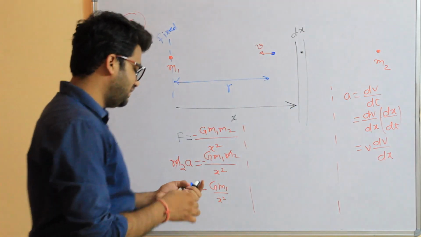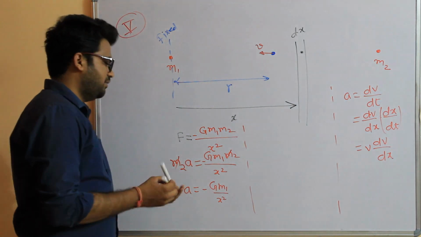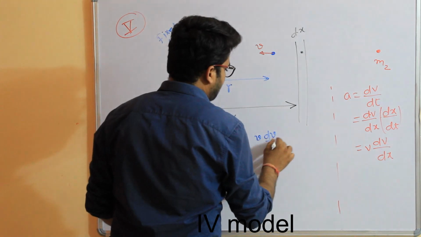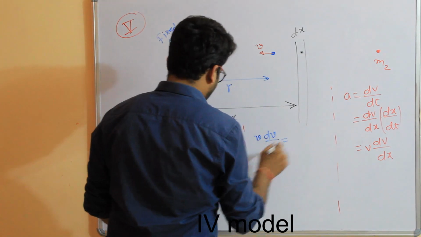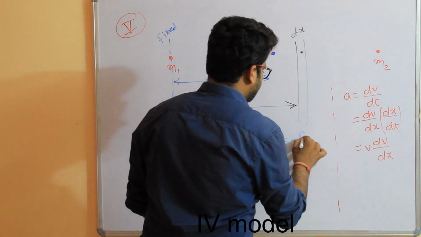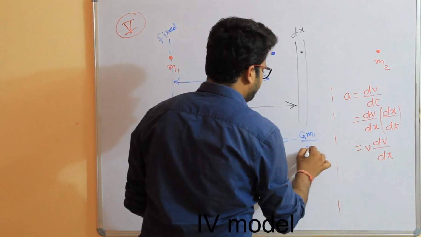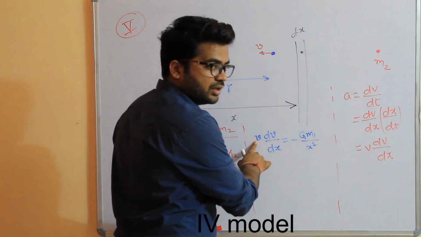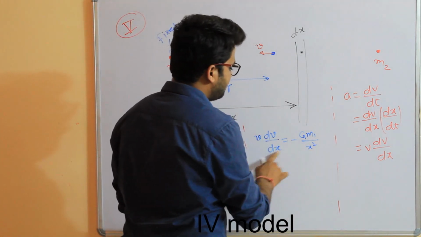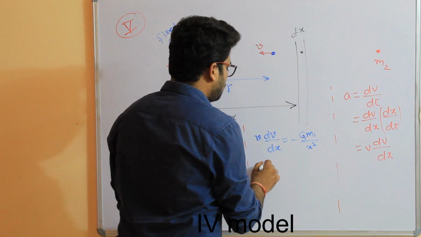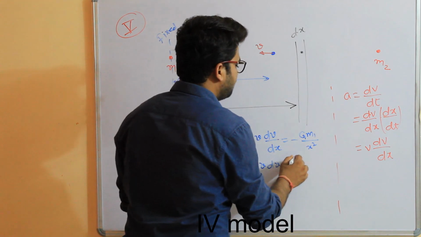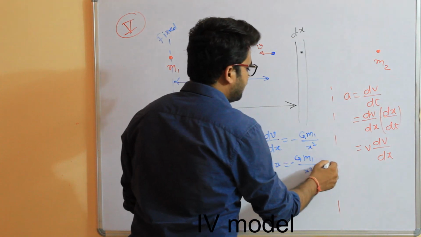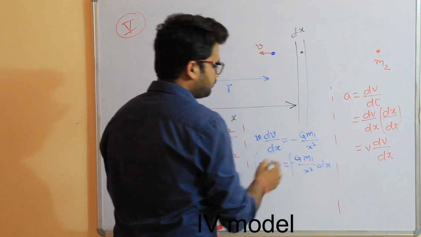Now use this equation over here and we'll get v dv by dx is equal to minus G M1 by x square. Now this v depends on dv and this x depends on dx, so separate the variables: it will be minus G M1 by x square into dx. Now integrate it.